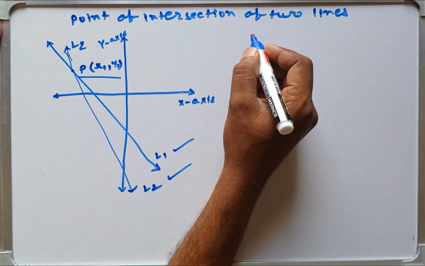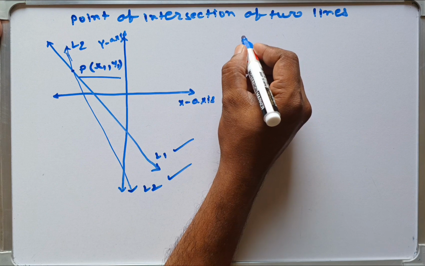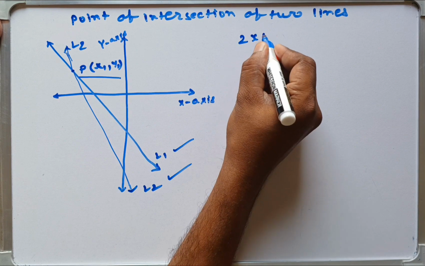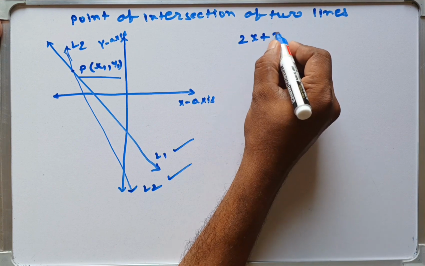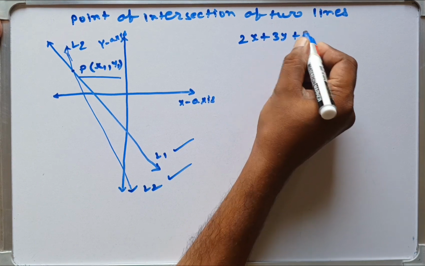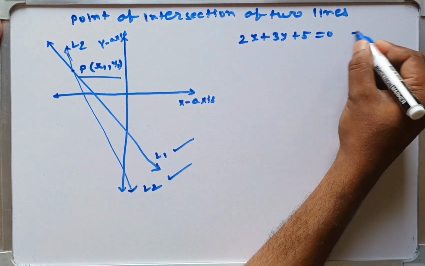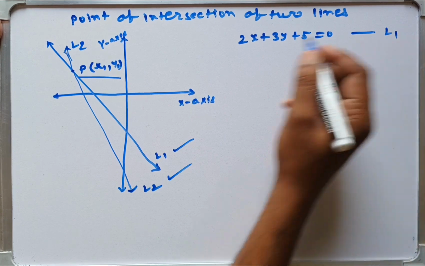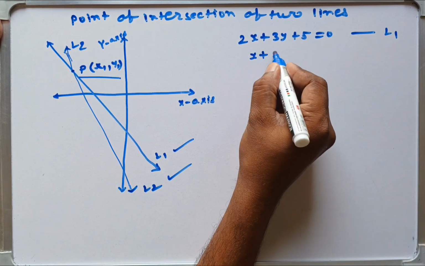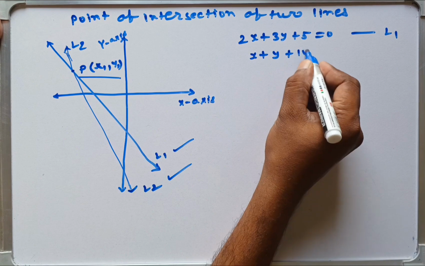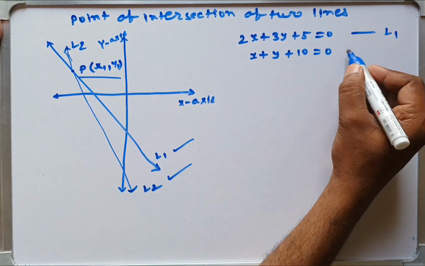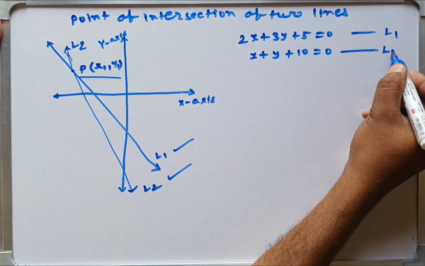Suppose L1 has the equation 2x plus 3y plus 5 equal to 0. This is line L1, and the other line is x plus y plus 10 equal to 0. This is line L2.